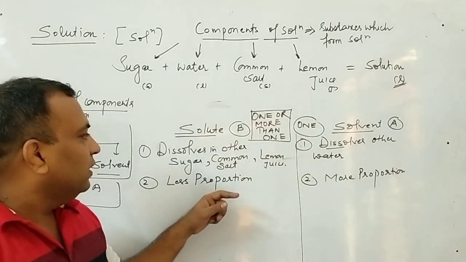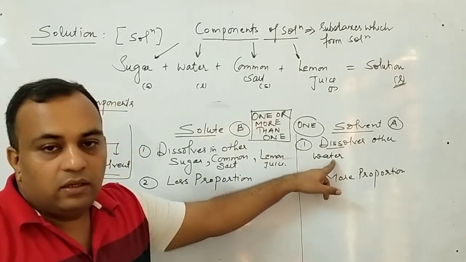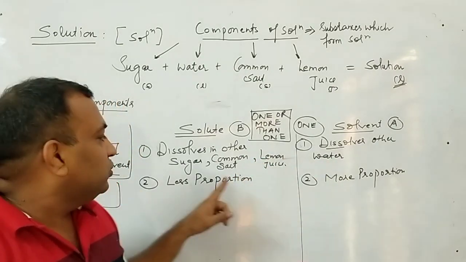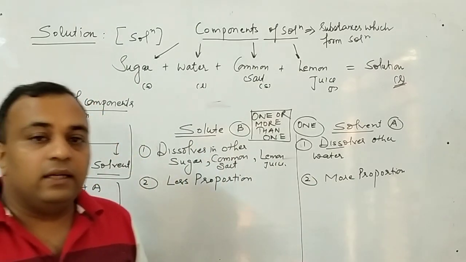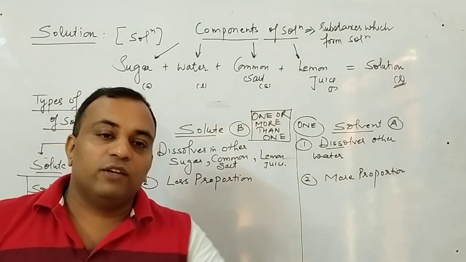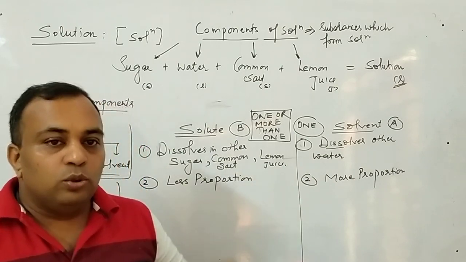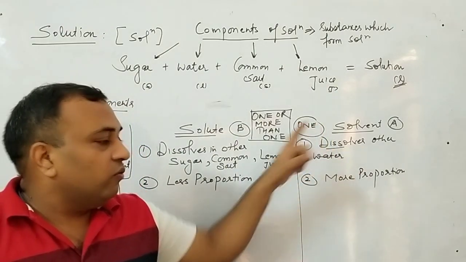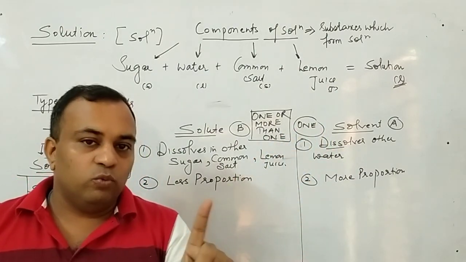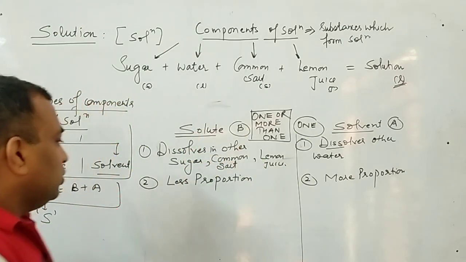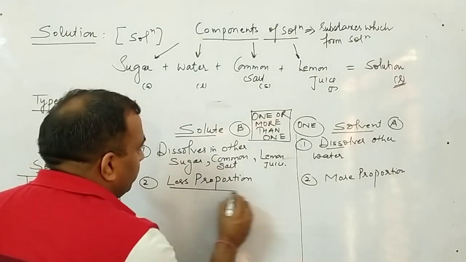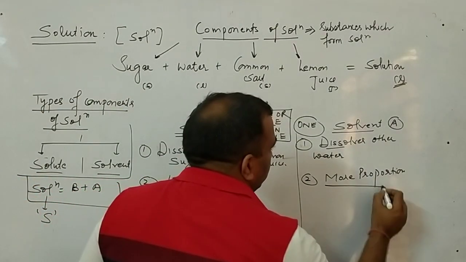By this example, here we have taken only one solvent, water, and the solutes are sugar, common salt, and lemon juice. So be clear in your mind, whatever be the solution, whatever be the number of components, 2, 3, 4, whatsoever, solvent is always 1, not more than 1, whereas solute may be 1 or more than 1. Less proportion solute, more proportion solvent.